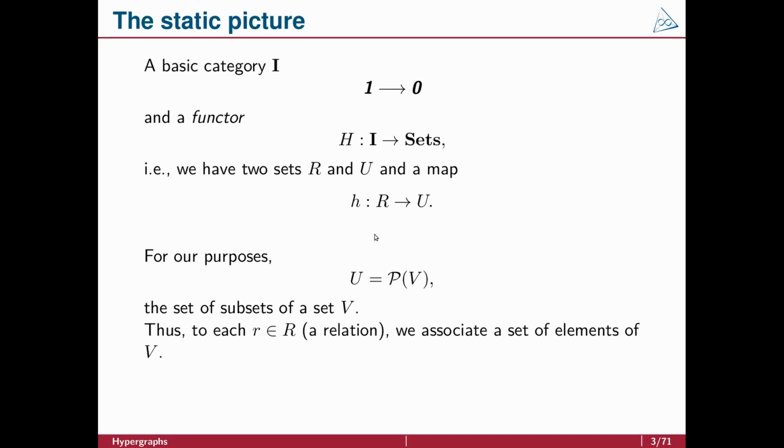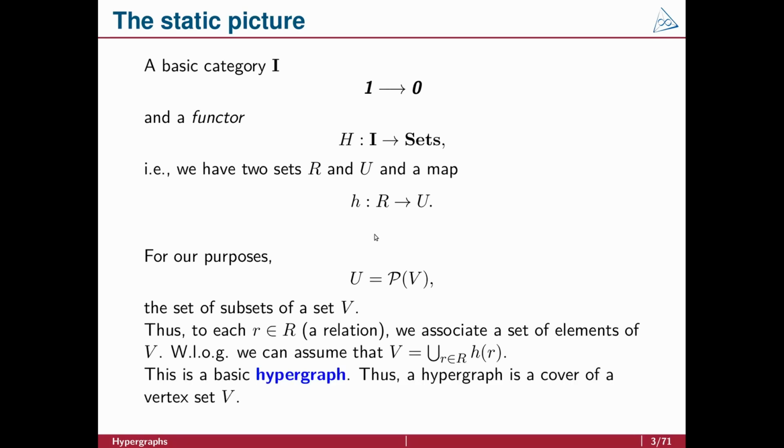So to each element in R, which is a relation, and which will later on be a hyperedge in a hypergraph, we associate a set of elements of V. V, of course, indicates that we are speaking of a vertex set here. Without loss of generality, we assume that V is covered by all the images.